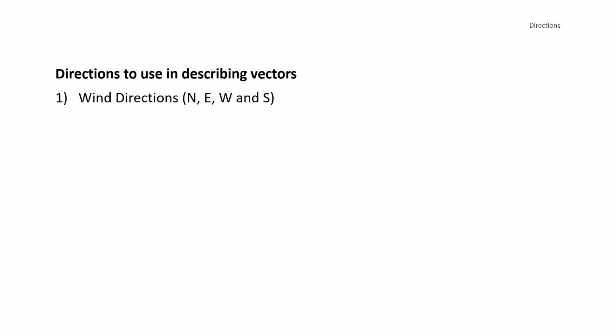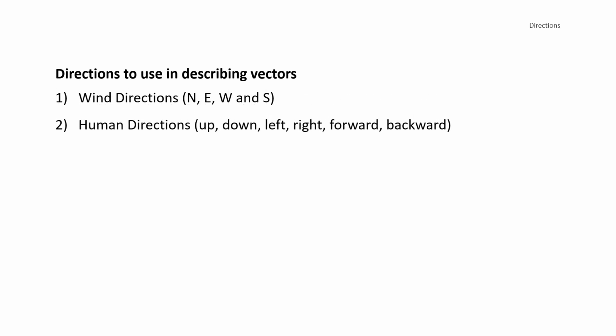First is the wind direction: the north, the east, west, and south. We can also use human directions like up, down, left, right, forward, and backward. Angular directions are common, particularly in physics, for example 25 degrees from the horizontal.